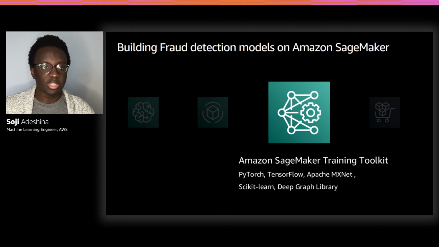SageMaker also supports Deep Graph Library for training graph neural network models that directly take advantage of structural patterns in interaction graphs for fraud detection. And SageMaker provides all of this functionality as part of the SageMaker Python SDK, right? And this is a standalone ML library that is available by default on SageMaker notebooks.